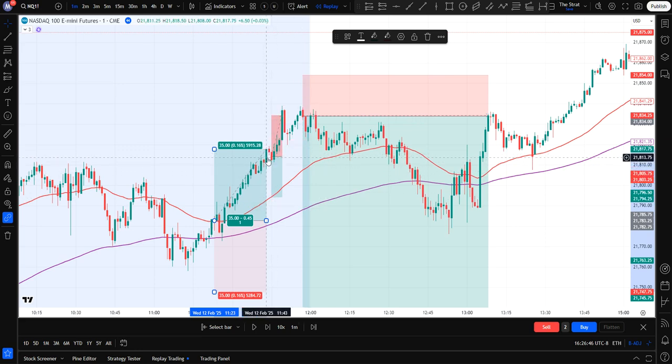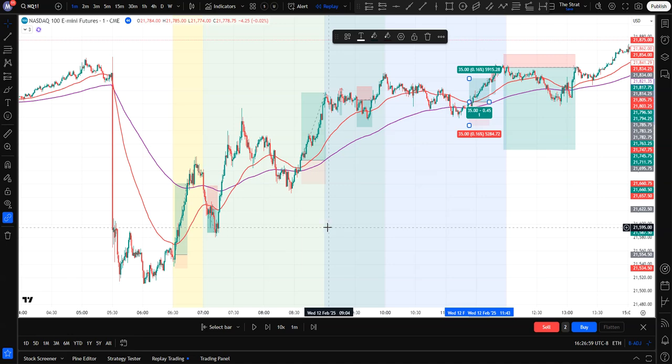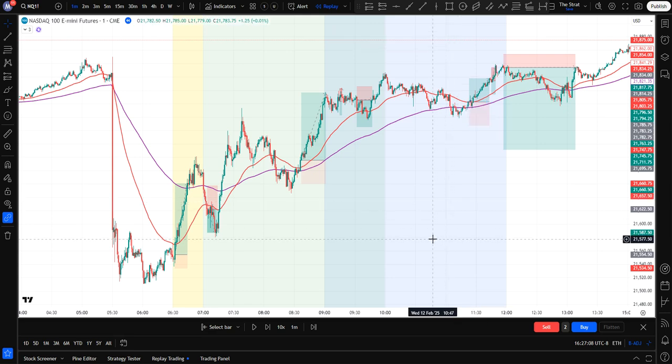It might have been a good idea. Like when this happened, there's a good chance that I closed that down right there and tried to go short. But then, obviously I would have ended up losing and then winning. But you can see how these kind of work together. Like one's an ebb, one's a flow. That's kind of how I developed these.